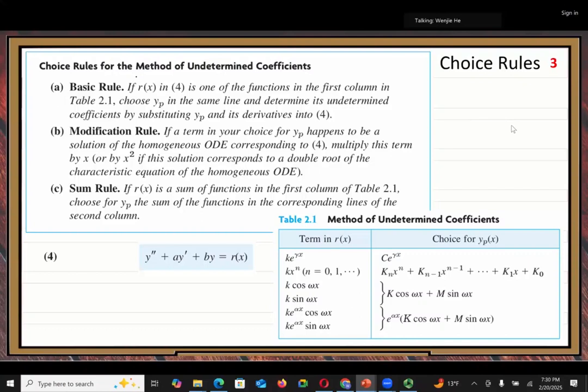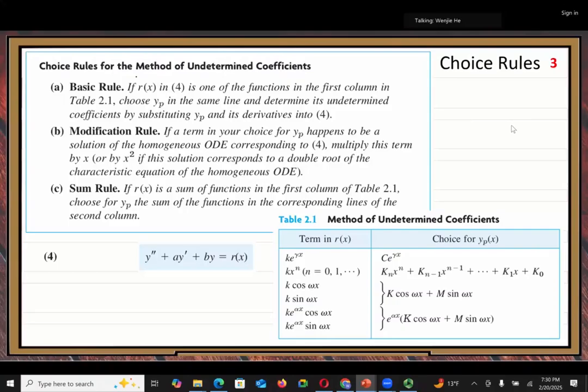Here you can see the equation y double prime plus A y prime plus B y equals R of x. Here we need to look at the structure of the R function, R of x. There are 3 rules, A, B, C. The A rule is very simple, very straightforward.